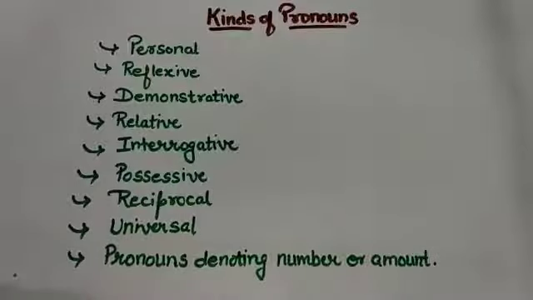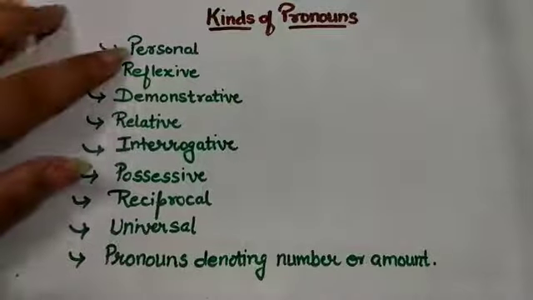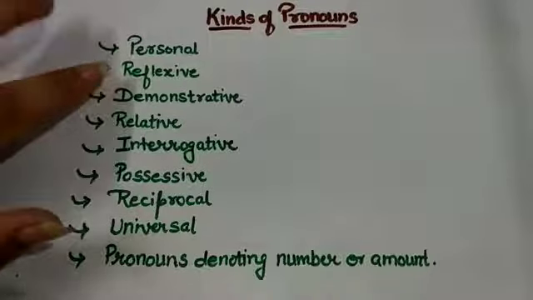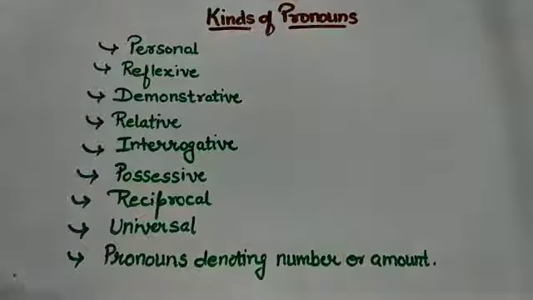As you can see on the screen, I have written all the kinds of pronouns: personal, reflexive, demonstrative, relative, interrogative, possessive, reciprocal, universal, and pronouns that denote number or amount of something. Today, we will focus on personal pronouns.